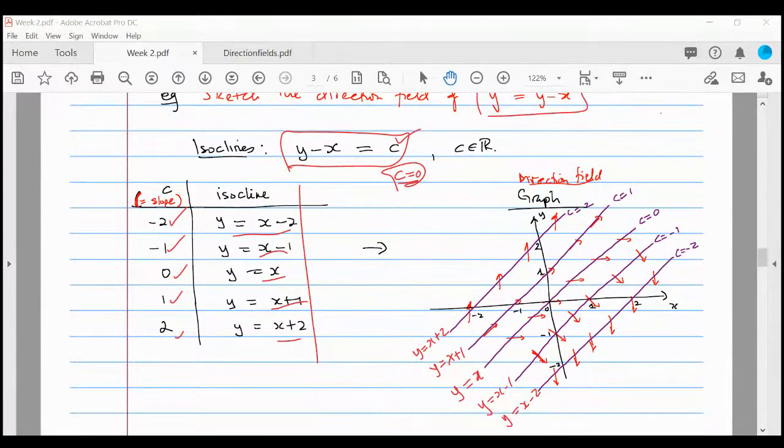So you can choose more values, c equals minus 3, c equals 3, just to see what will happen at those isoclines. Choose values that are convenient in terms of you being able to draw those isoclines. So you choose a convenient value of the variable c.